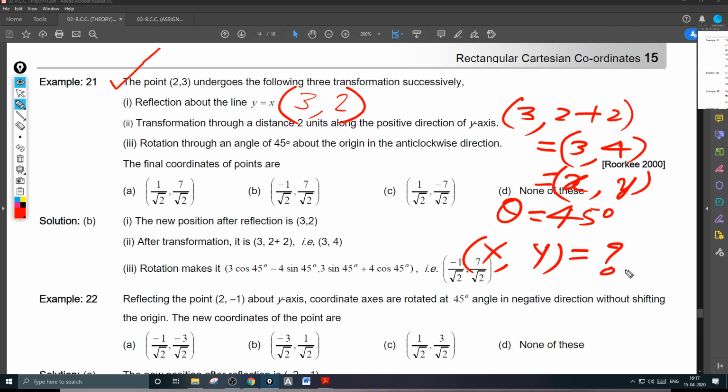Arun is not responding. Arun, respond. Pratham, are you there online? Arun and Pratham. Check the data given. Now substitute and get the answer.